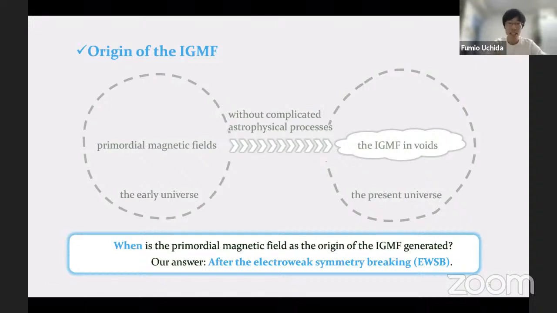This is interesting and related to theories, for example, about magnetogenesis during inflation with, like, phi F F-tilde or F F F coupling. And in this talk, I will give an answer to a general question. When is the primordial magnetic field as the origin of the IGMF generated?